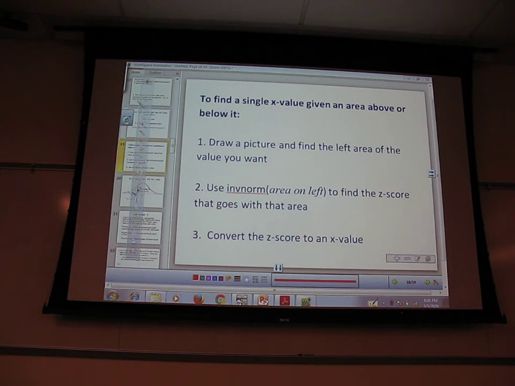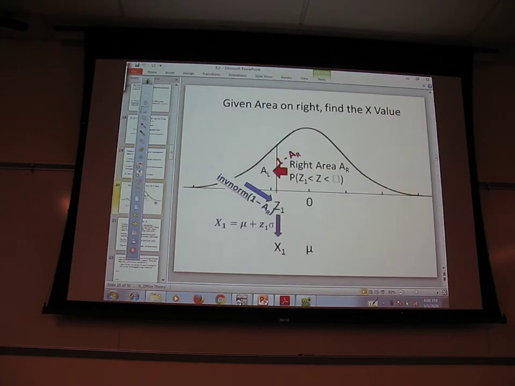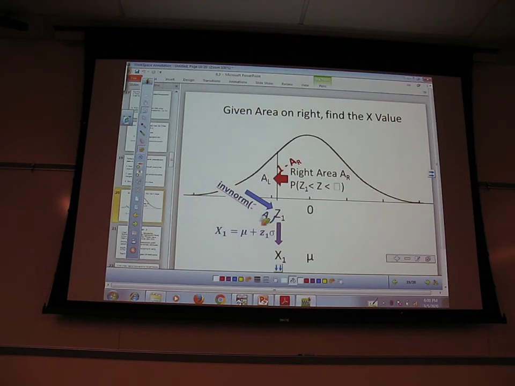Okay, all you guys have that already. Here it is pictorially. My first step, which I may or may not need, is to find the area on the left. So first figure out what your area on the left is.